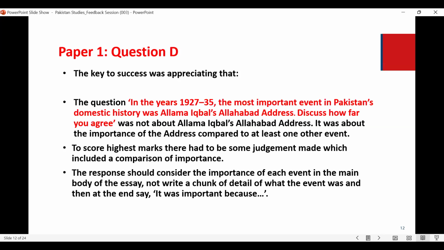But this question was not about just writing everything you know about the address. It was about the importance of the address compared to at least one other event. So what successful candidates need to do to score the highest marks, there has to be some judgment made. So that's going to be really comparing the importance.